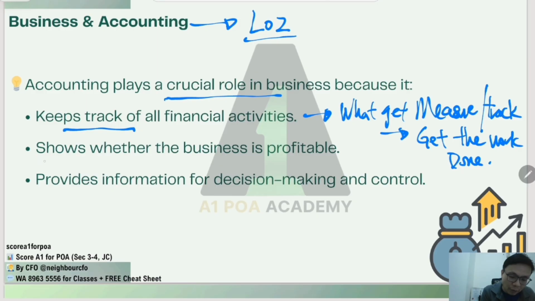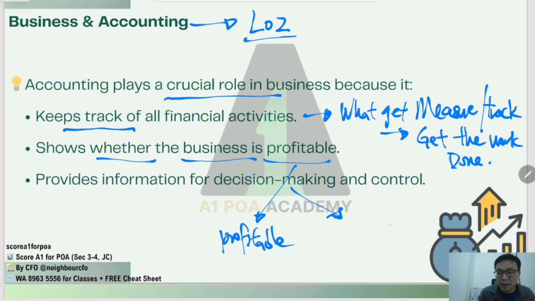Next, accounting shows whether the business is profitable or not. Of course, everyone wants their business to be profitable. But sometimes, due to a wrong decision at a point in time, due to a decision that didn't take off, the business will make losses. No one wants red color, right? Everyone wants blue color.